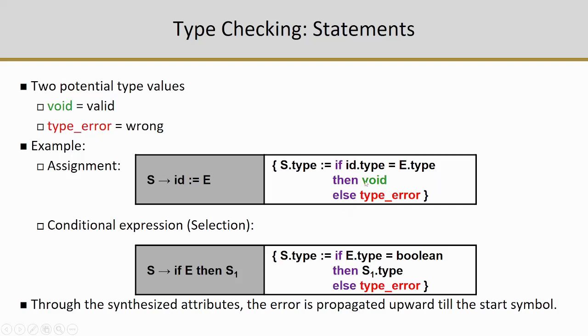So each type attribute is calculated from the right-hand side of the rule, and then the type attribute of the left-hand side is computed accordingly, which means that the type values are propagated in the parse tree from bottom to top, and finally we get a type error in the type attribute of the root if there were a type error anywhere in the program code.